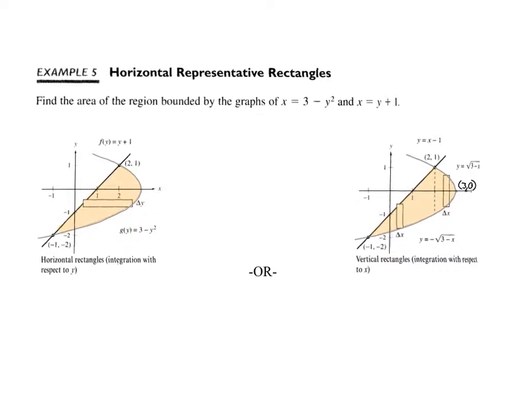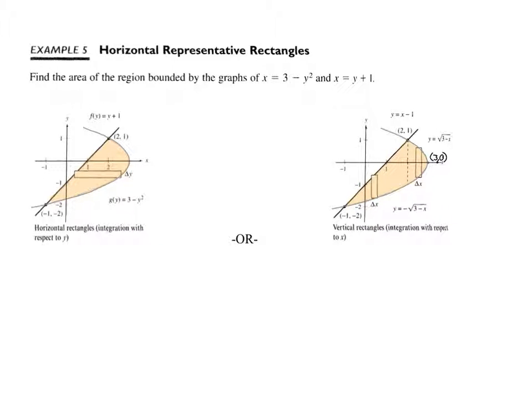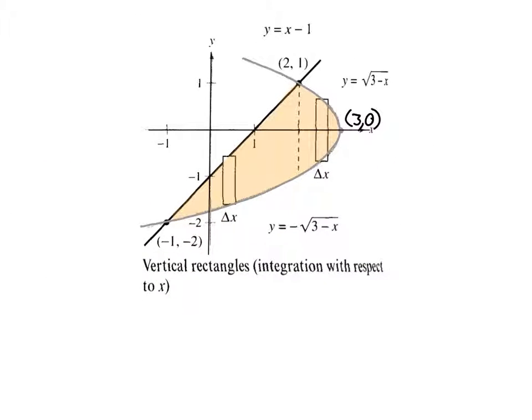Now, here's an example of that, okay? These are actually not functions, as you can see. Well, the one is a line, but the other one is not a function. It's x equals 3 minus y squared. It's a horizontal parabola. And in this case, if I were doing the integral the way we have been doing it with vertical ones, we'd have to use this graph over here.